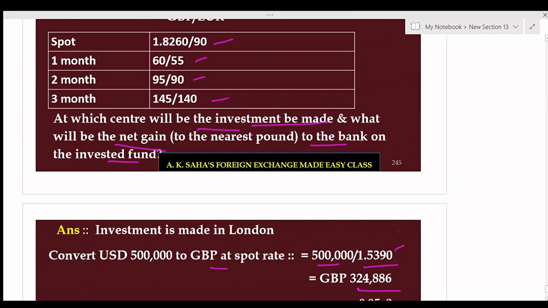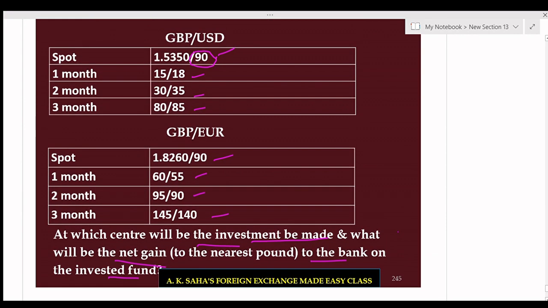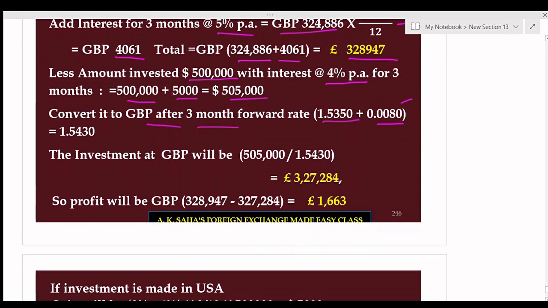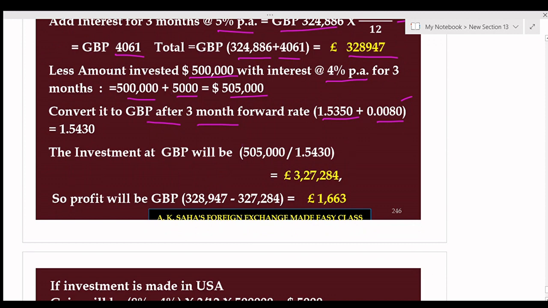You see 1.5350 and you add the bid 0.0080, the 3 month forward premium, is equal to 1.5430. The investment in GBP will be 5 lakh 5,000 divided by 1.5430 is equal to 3,27,284 pound.